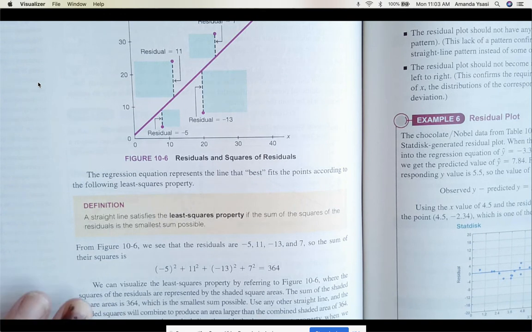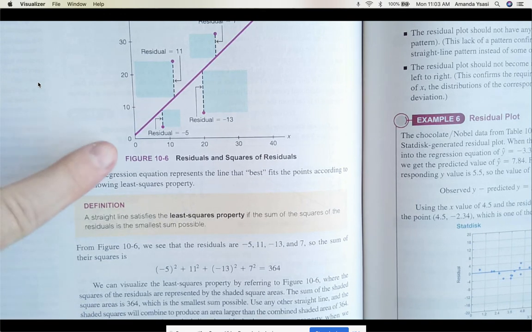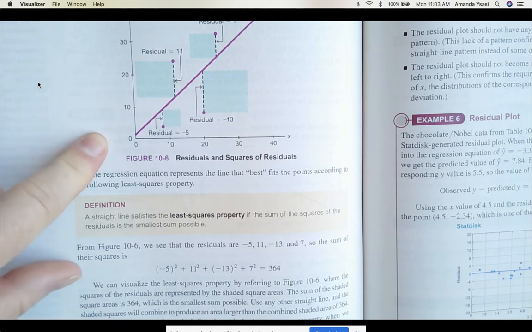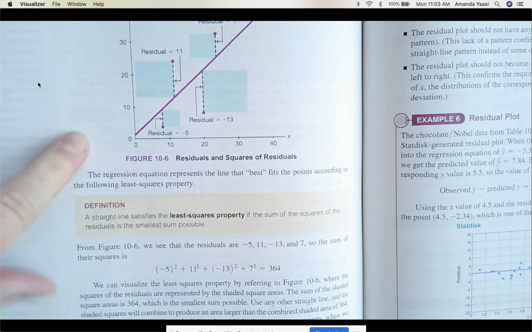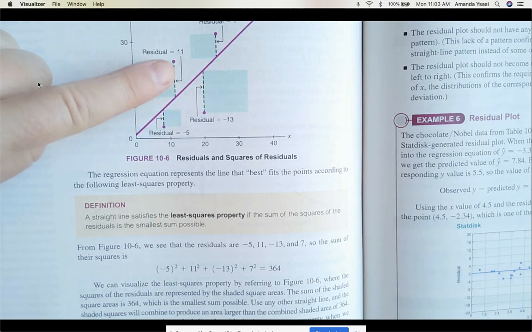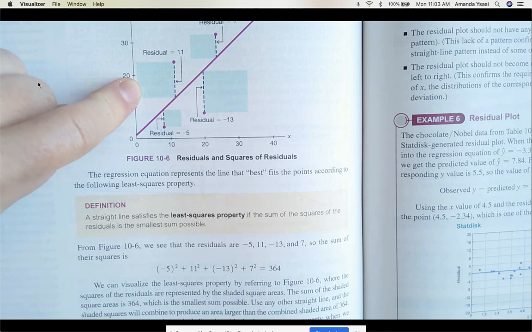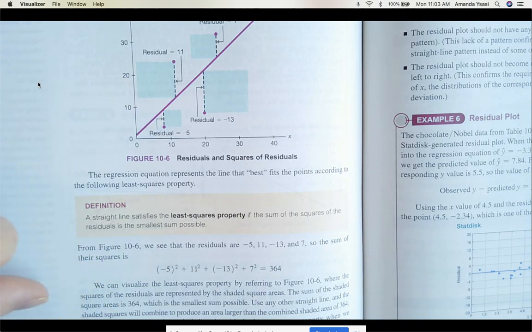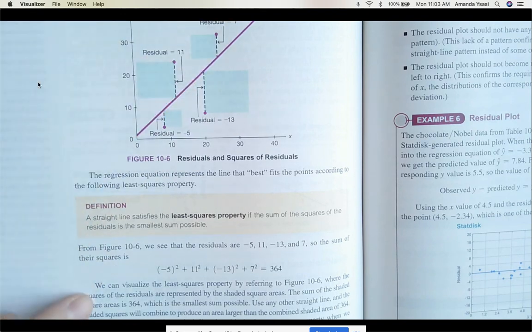We can visualize the least squares property by referring to this figure where it shows all of the residuals by their areas. So we did 11 times 11, 11 squared, okay? The sum of the shaded areas is 364 altogether, which is the smallest sum possible. Use any other straight line and the shaded squares will combine to produce an area larger than the combined area of 364.